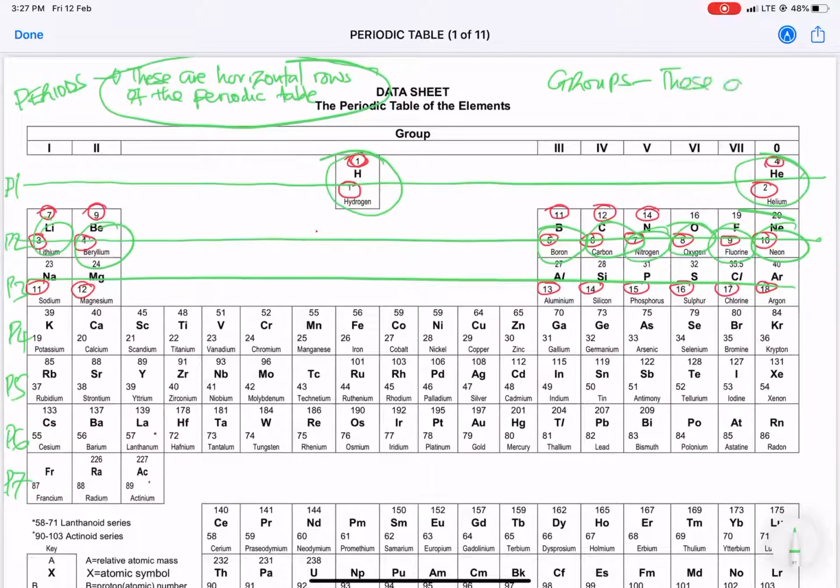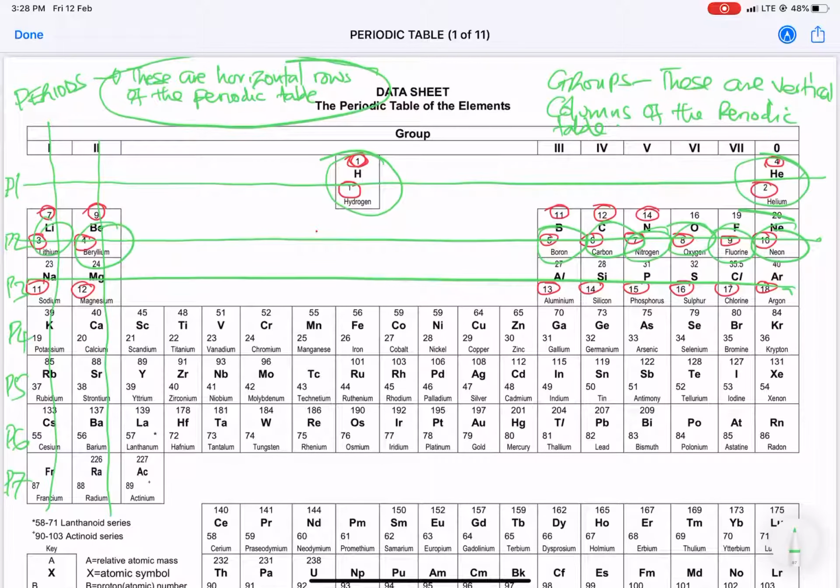These are vertical columns of the periodic table. Okay, the vertical columns of the periodic table. So for instance, we have group 1. So this is group 1. This is group 2.